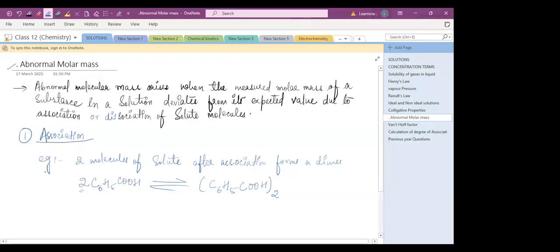So that's a case of association. Here you can see that the number of solute particles present in the solution is less than the number of particles expected, because it forms dimers. When it forms dimers, the number of solute particles present in the solution becomes less. It is reduced due to the association.